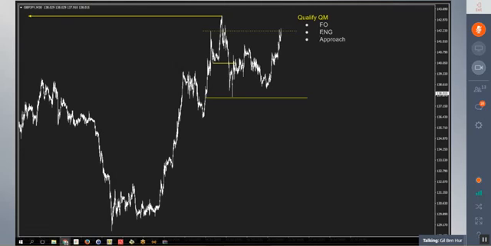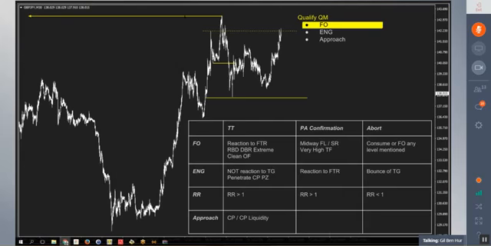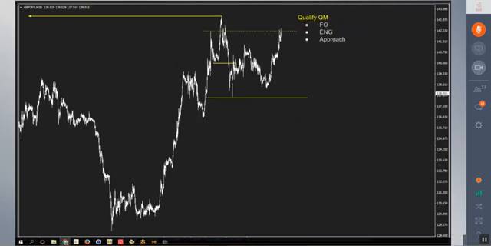We're going to first investigate the fake out. Is the fake out on the right level? Is it bouncing on something that is significant, or not? If yes, then we can move on to the engulf.